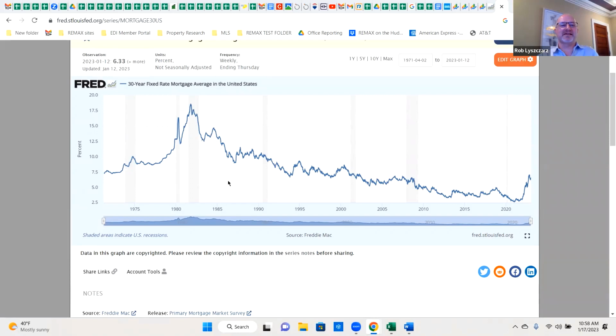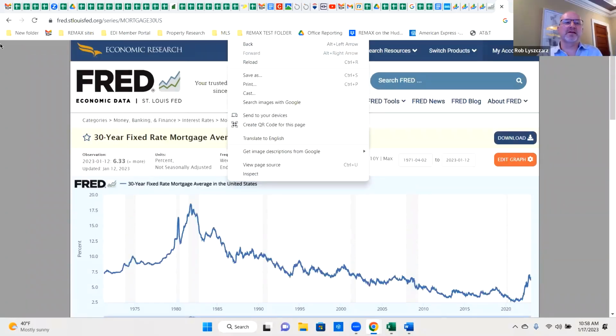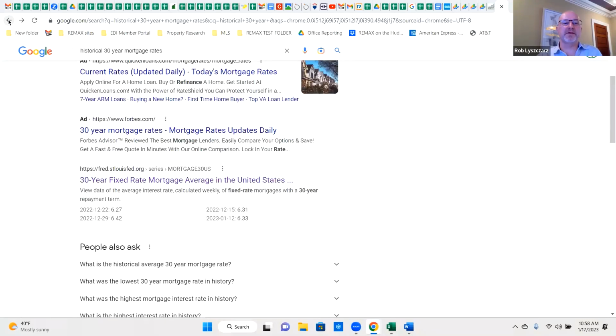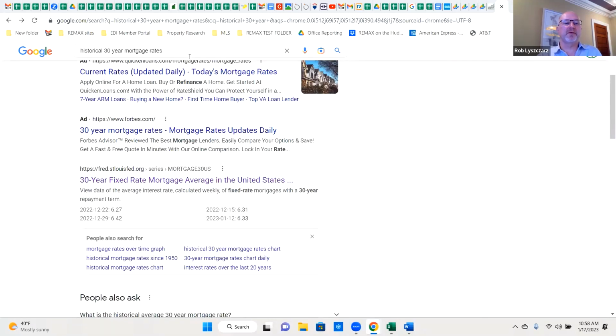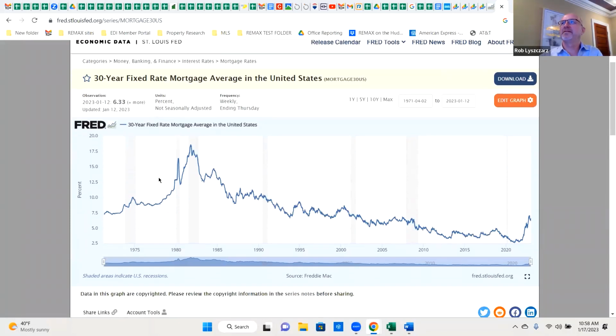But here it is. What's the site, Fred? I can't read it. It's too small of a font. So I just Googled, Mickey, historical 30-year mortgage rates, right? And I looked at the first one that wasn't an ad. I went to that and it gave me this pretty cool number. 18% in 1981.